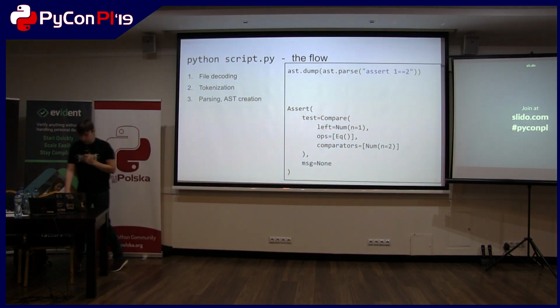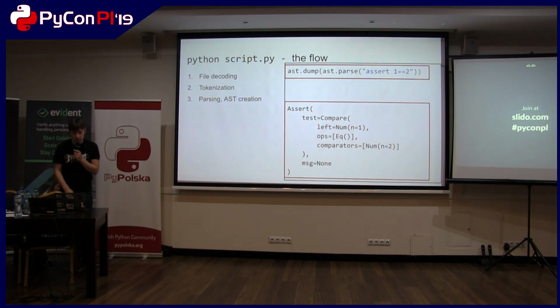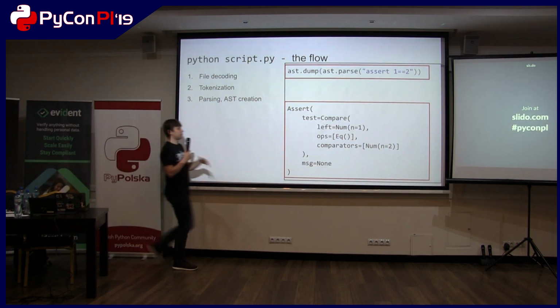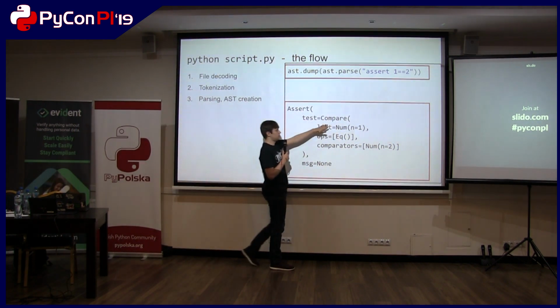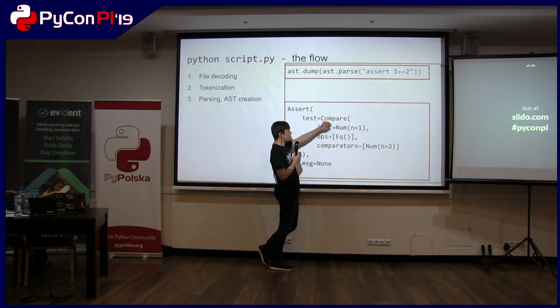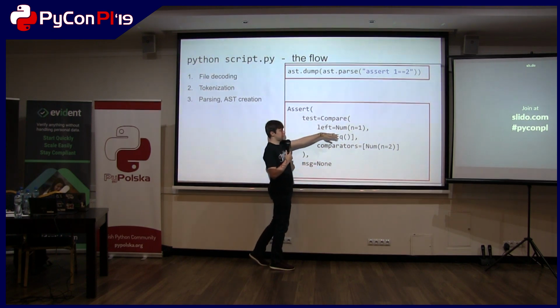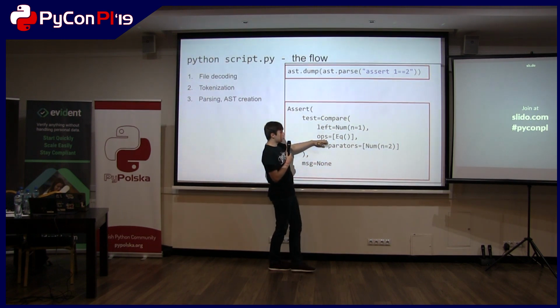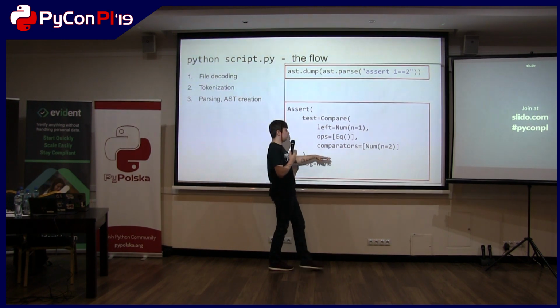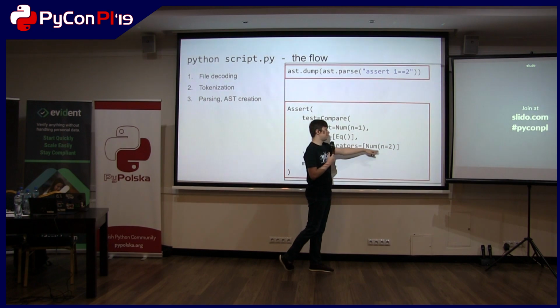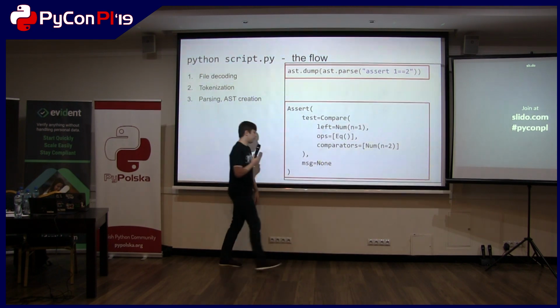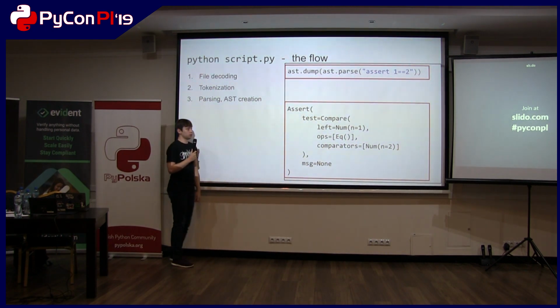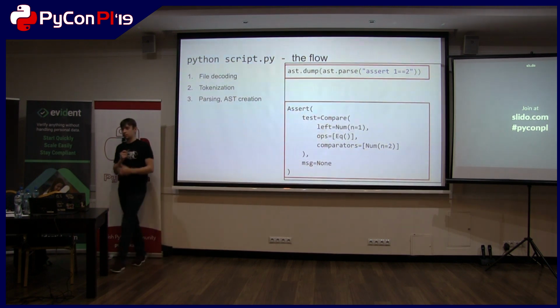We have this Assert node that contains a test field which has a Compare node assigned. On the left side, it has a Num node which has a value of 1. Then it has ops, which is Eq, and comparators, which is a Num with value of 2. And then it also has a msg field, because you might have messages on asserts.